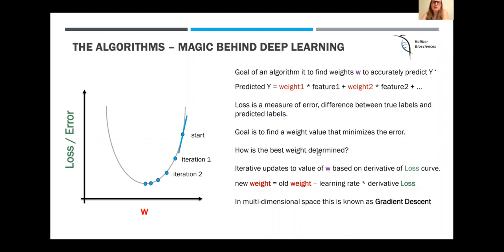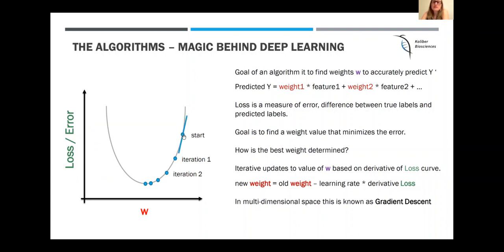So how is this best weight determined? I want to take you through how this happens step by step. Let's say that the initial value of our weight was right here. This was our starting point. We randomly initialized the weights, and the weight just happened to be in this position. Because we've built this loss curve to be a smooth system, we can take a derivative at this point.